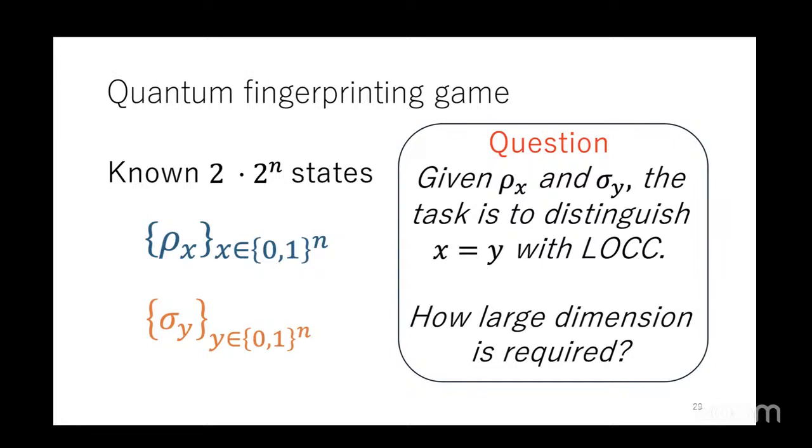And we want to get some lower bound on the dimension. I think this is a fundamental question, so I hope some progress will be made. That's for my talk. Thank you for your attention.